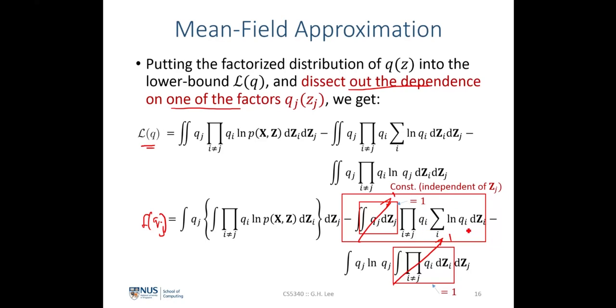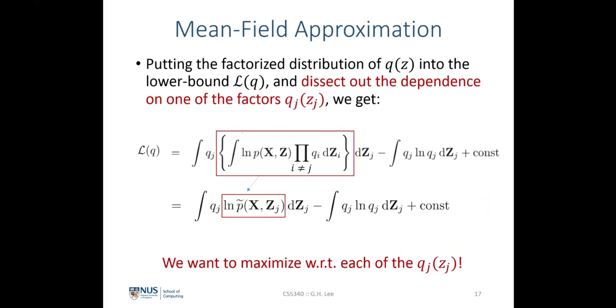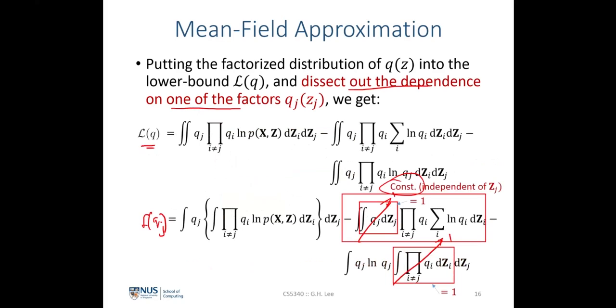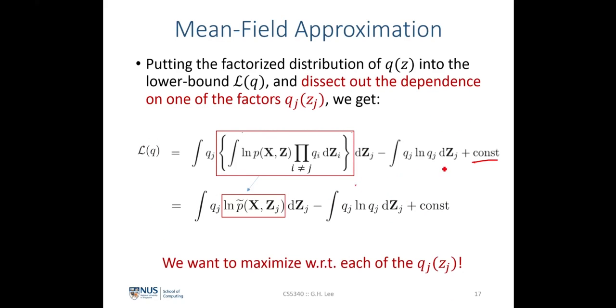It's only dependent on qi, which means that it's dependent on the zi's, where all the i's are not equal to j. And we can simply treat this particular term as a constant as a result. So as a result, we are left with these two terms, where we can see that the constant term is a result of the integration over zj in the second term, and the other term is also a result of the integration, which becomes a simpler form.